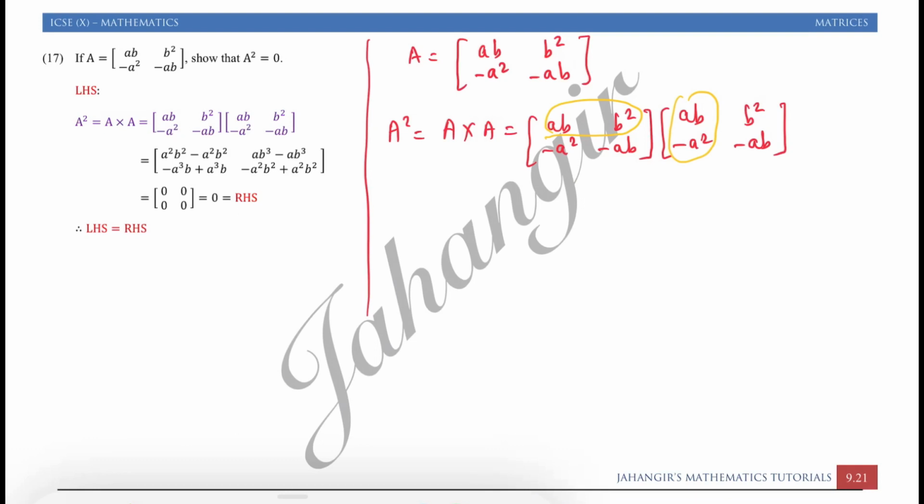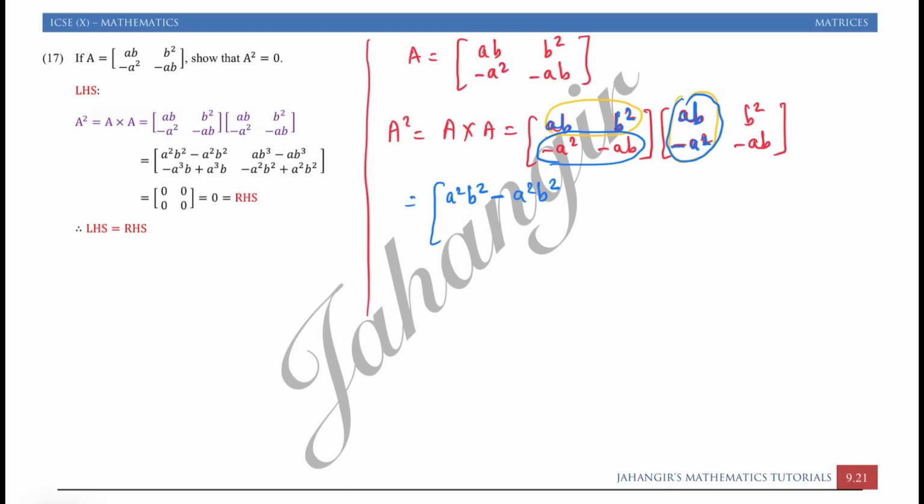So here I can write AB multiplied by AB, that is A square B square, then B square multiplied by minus A square. So I will get minus A square B square. This is first row, first column done. Now same way we will solve second row and first column.